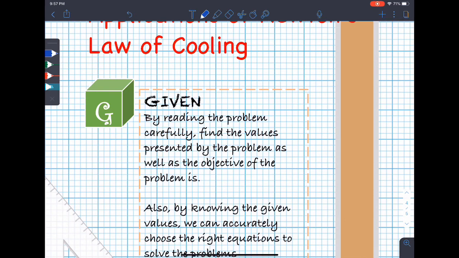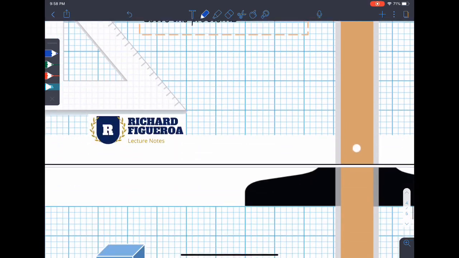In particular, we have to differentiate which is considered to be the body or the object in the given problem, and then which is the environment, or where the object is subjected to. Once we are able to identify those two, it will be easier for us to substitute those things into the differential equation.